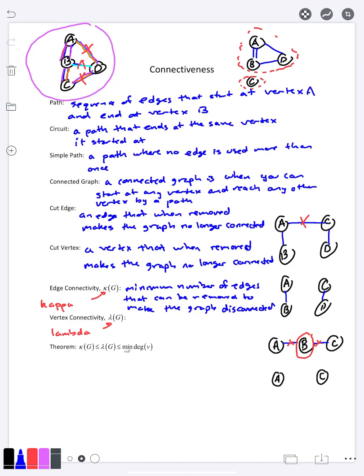And similarly, the vertex connectivity is going to be the minimum number of vertices that can be removed to make the graph disconnected.